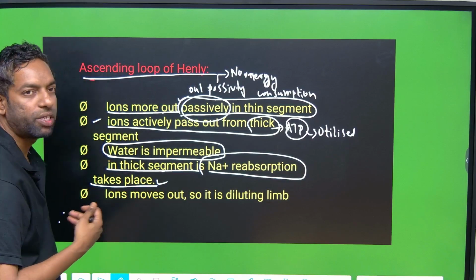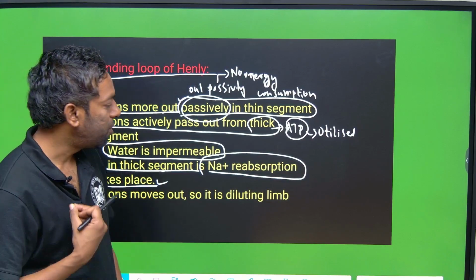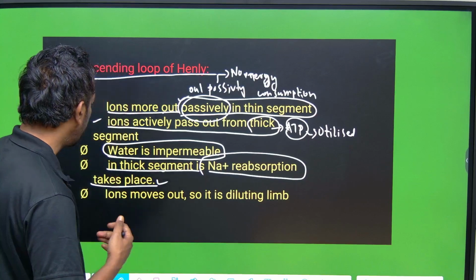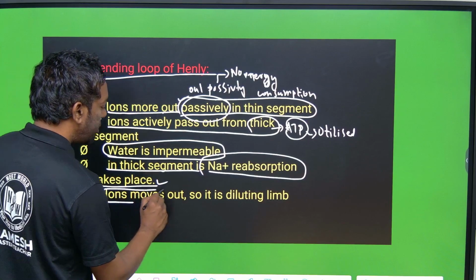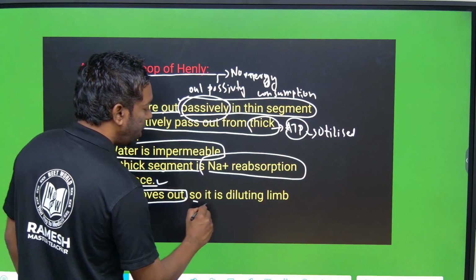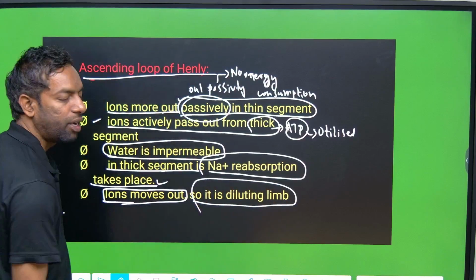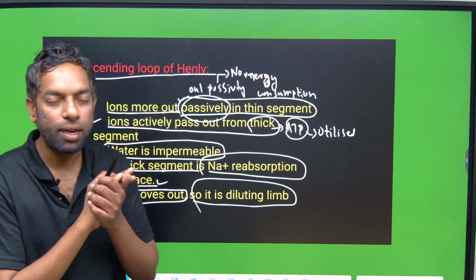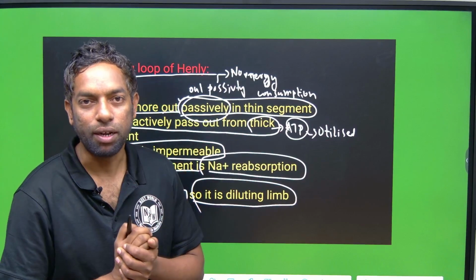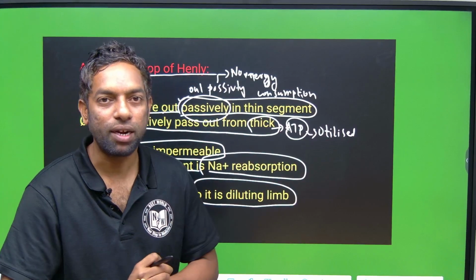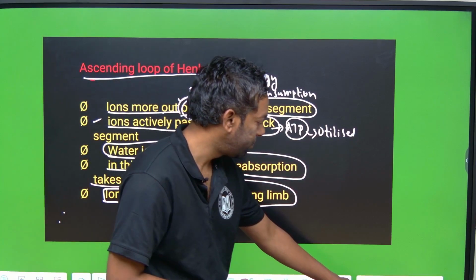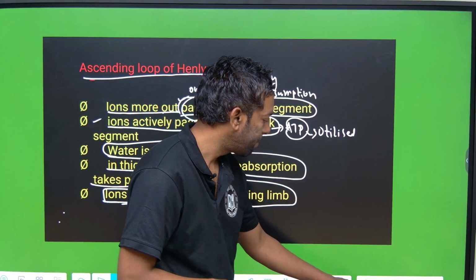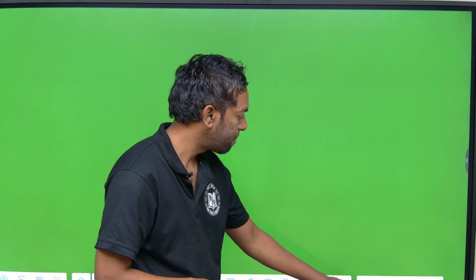Obviously ions are permeable, so sodium is going to be reabsorbed. Ions move out, so it is the diluting limb. The descending Henle limb is the concentrated limb and the ascending limb is the diluted limb. We are going to discuss it.